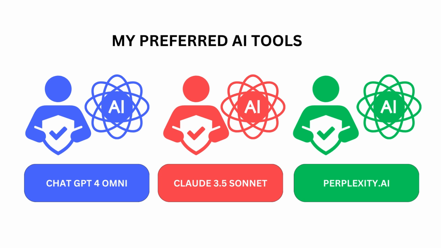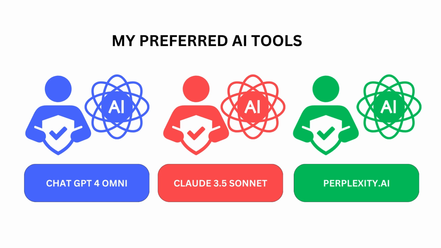I mainly use ChatGPT for structuring and outlining and getting ideas for my research. I also use it because it contains DALL-E 3, which enables me to create images to illustrate my stories.